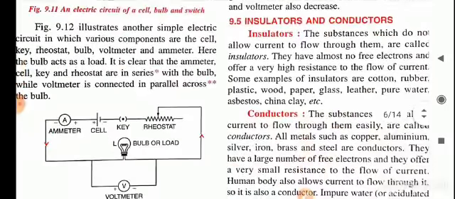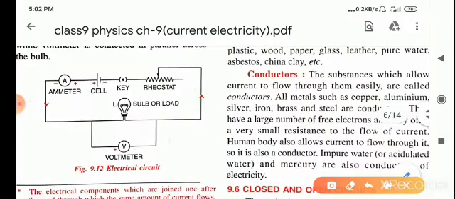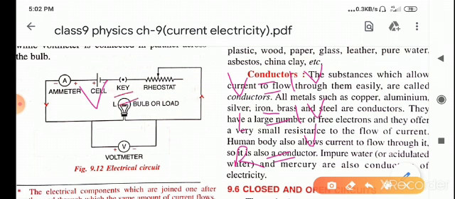Listen, if potential is 1 volt and I is 1 ampere, then resistance will be, V equal to IR. R is equal to V upon I. So V upon I, that is 1 upon 1, that is 1 ohm, right?